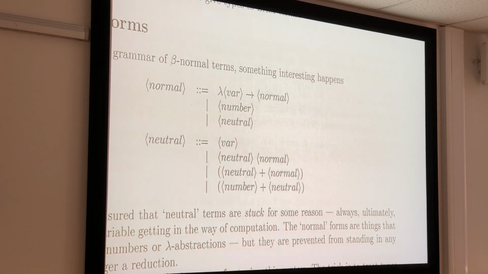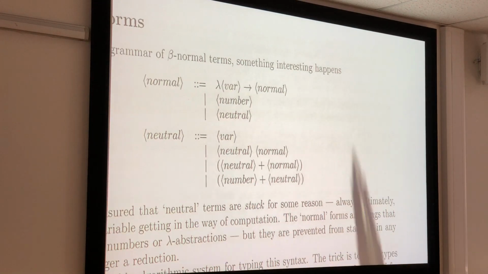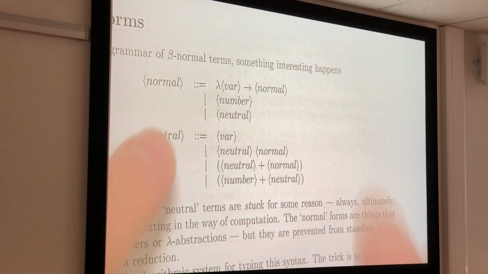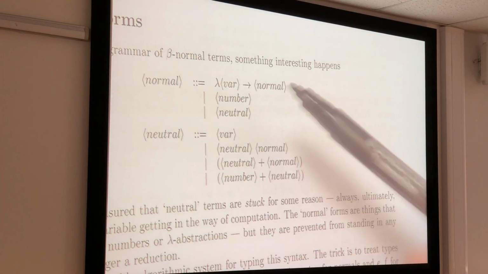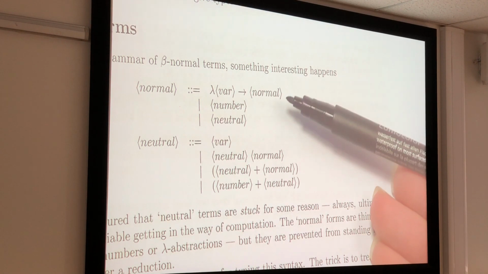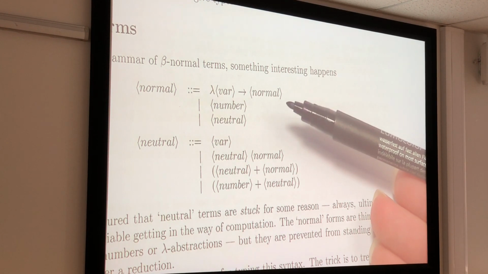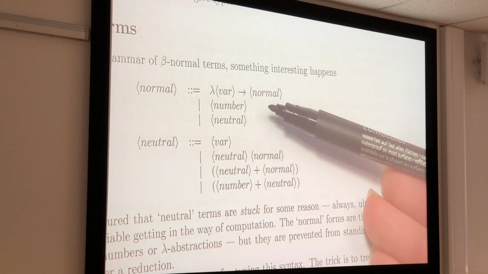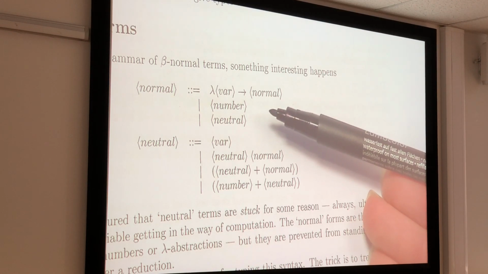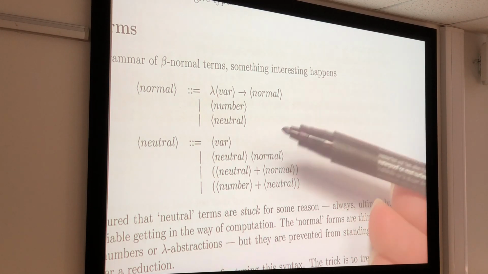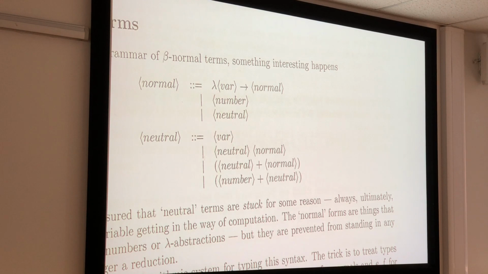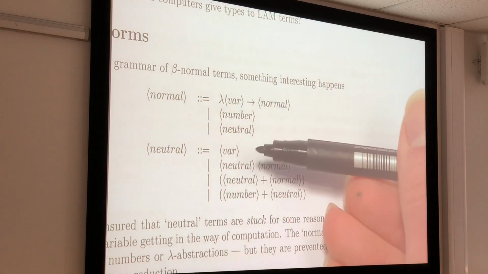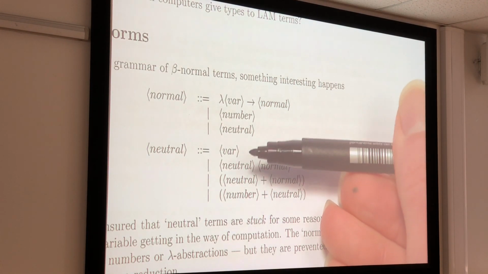So you can see the normal forms, we say they're either a lambda, that's to say a function, so we're used to those being values, or a number, we're used to those being values, or it's neutral, which means it got stuck on the way to becoming a value. And let's look at what stuck things are like. A variable is stuck.